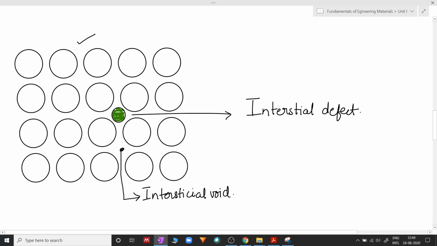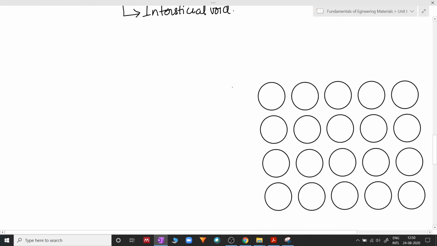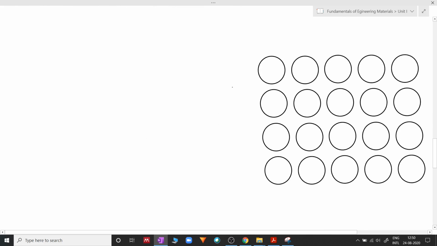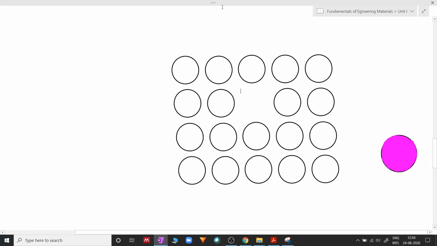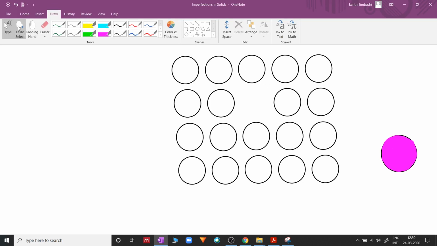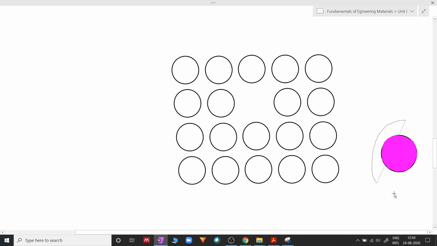So this is the second kind of point defect. Now let us say this is a perfect solid with atoms arranged properly. Suppose one atom is missed, like this, and the space is occupied by some other foreign atom.